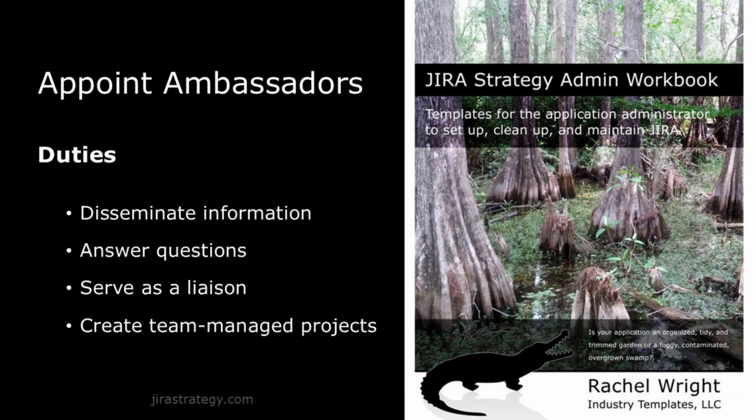Use your ambassadors to disseminate information, answer common questions, and serve as a liaison between the application admin team and end users. Existing project leads are likely good ambassador candidates. Maybe these same users can be trained and responsible for creating team-managed projects too. Or maybe you want to limit team-managed project creation to application admins.